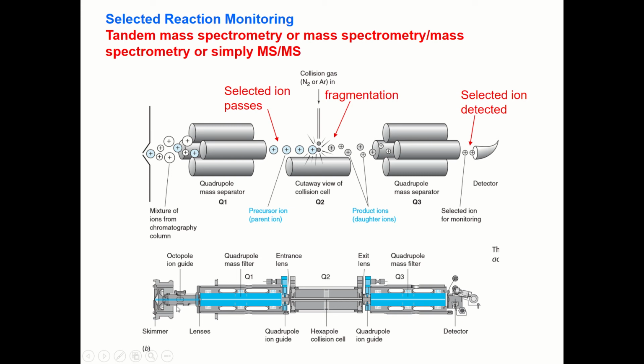This is a cutaway view of tandem mass spectrometry. The sample enters the first quadrupole, which is actually a kind of mass filter, a quadrupole mass filter.